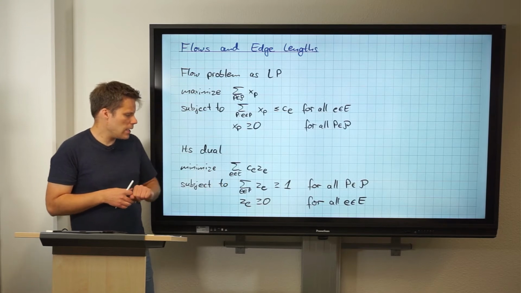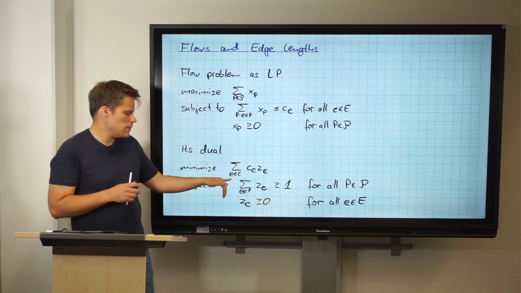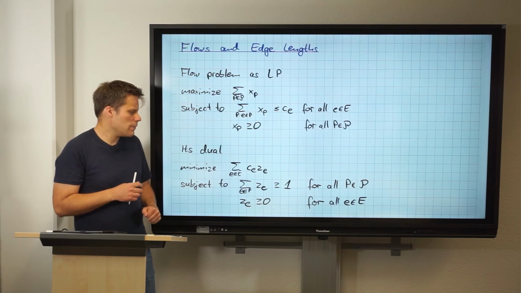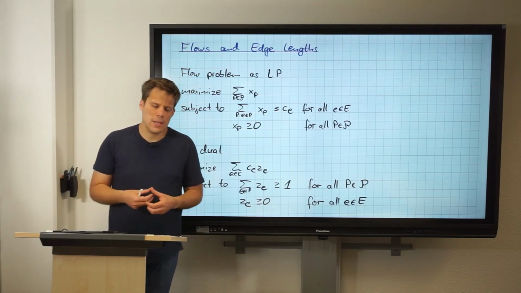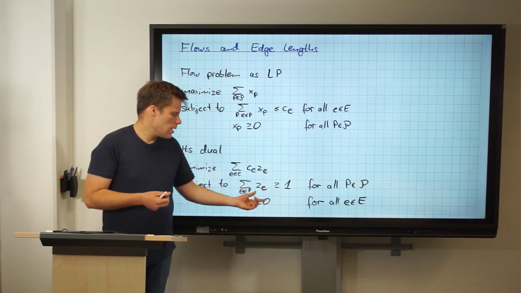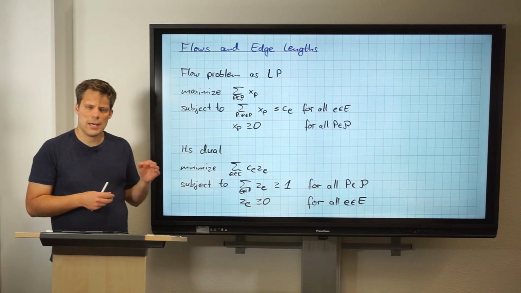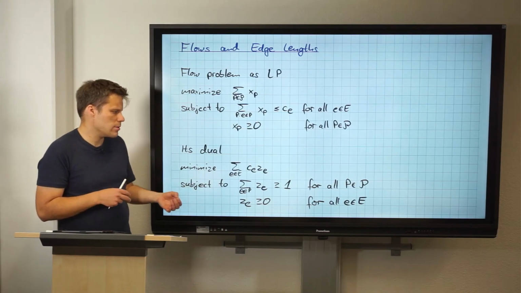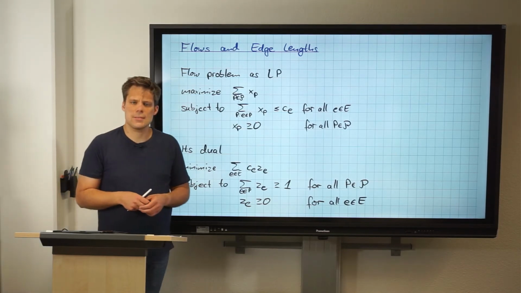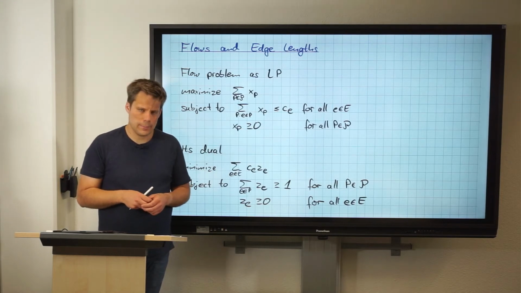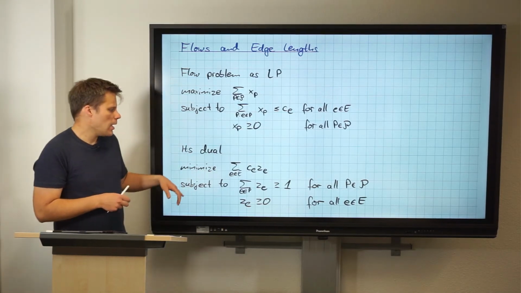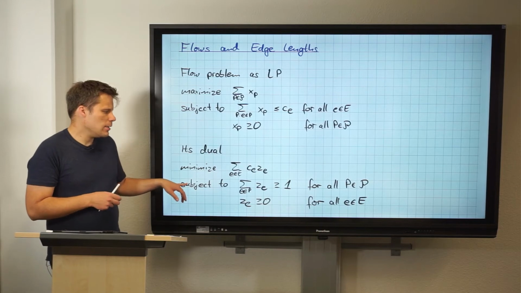And now a choice of edge lengths would be feasible if for every path from the source to the sink, the edge weights sum up to at least 1. So the path length from the source to the sink always has to be at least 1. And what is weak duality telling us?